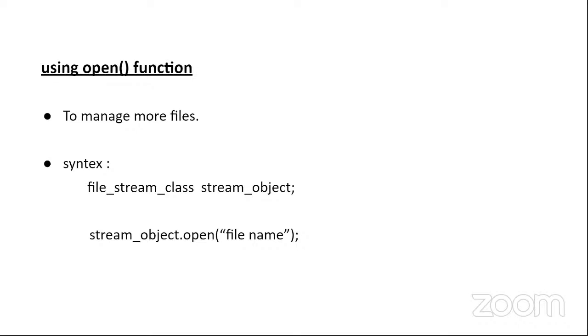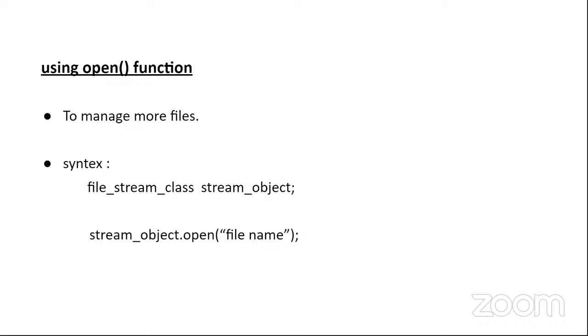Here we use the open function to attach a stream to the file. We use that object of class fstream, a stream object, and we use that open function, and in these brackets we write the file name, by which we attach the stream to the file.